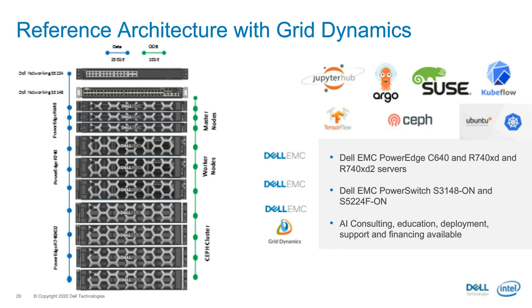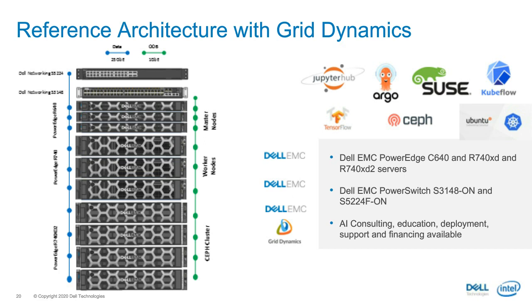So to build this Kubeflow reference architecture, we actually partnered with multiple operating system vendors who have their own Kubernetes distributions. So we worked with Canonical to use Charmed Kubernetes, and then we also worked with SUSE to deploy and run this on their container as a service.